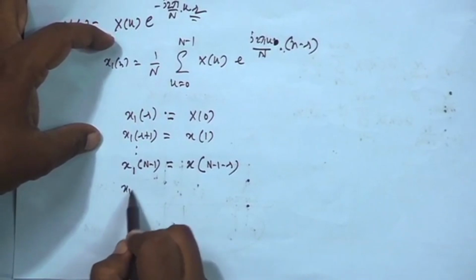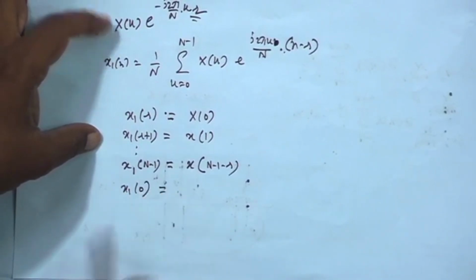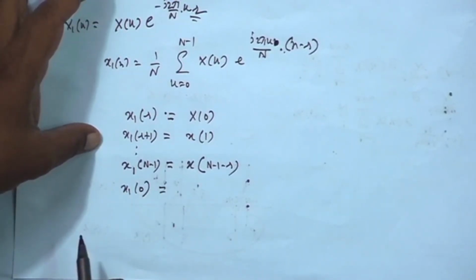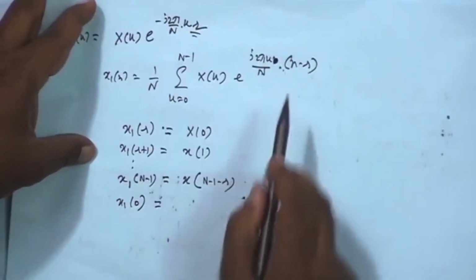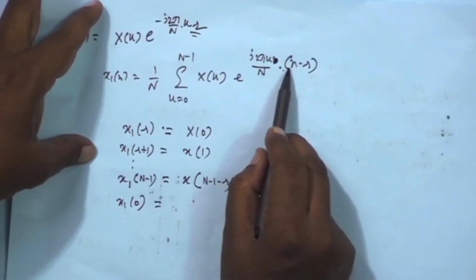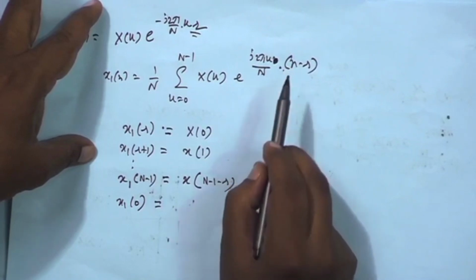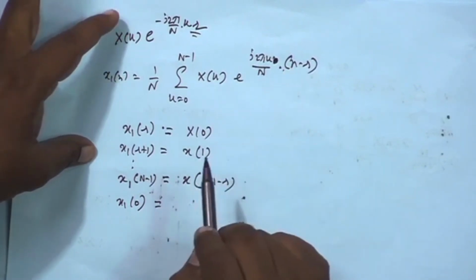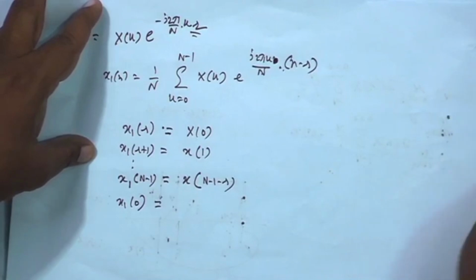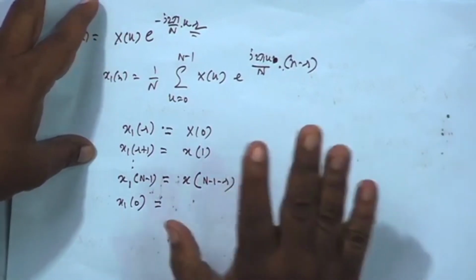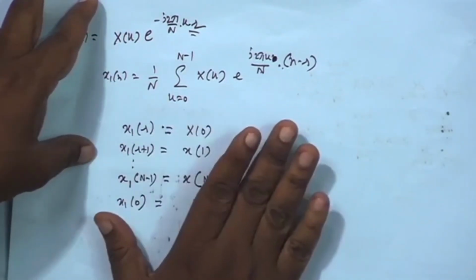Then x 1 0. X 1 0 means if I put n equal to 0, then what happens? I ask you to think about this, and I will join here in the next section. Thank you.